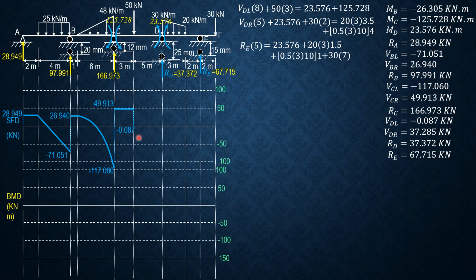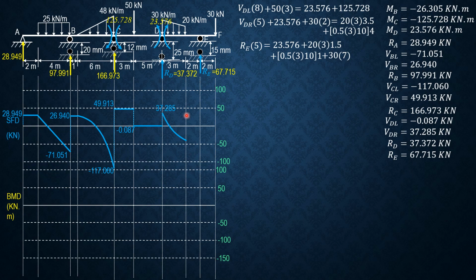The shear constant, and that's the shear just to the left of D, which is negative 0.087, plus RD 37.372, so that would be 37.285, minus the area of the trapezoid, 37.285 minus 1 half of quantity 30 plus 20 times 3. It is negative decreasing. So it looks like this, like that.